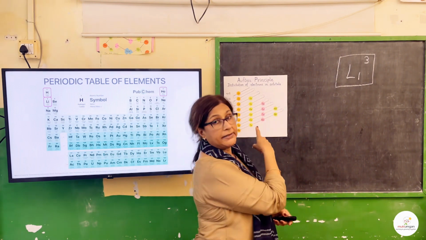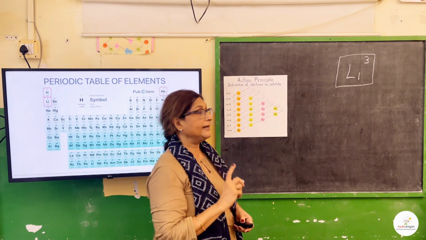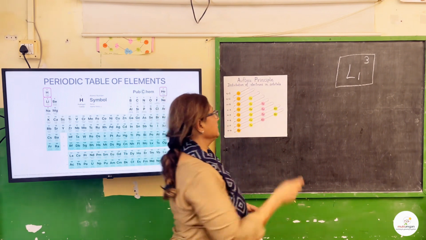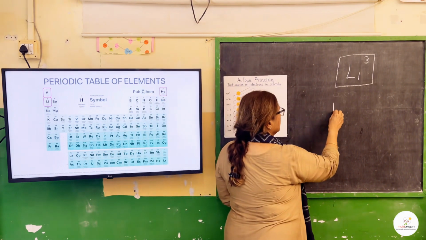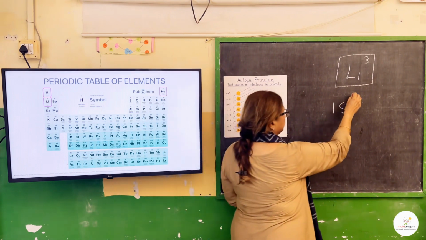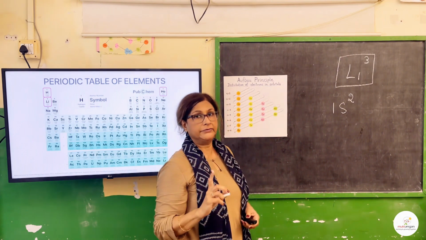Now again, going back to Aufbau's principle, we always start from the very beginning, which is period 1 sublevel S. So period 1, sublevel S, can hold how much? 2 electrons. But lithium has 3, so there's 1 extra electron here.